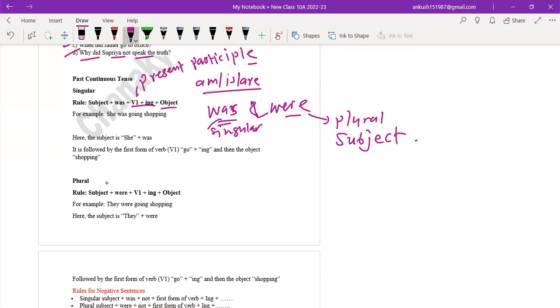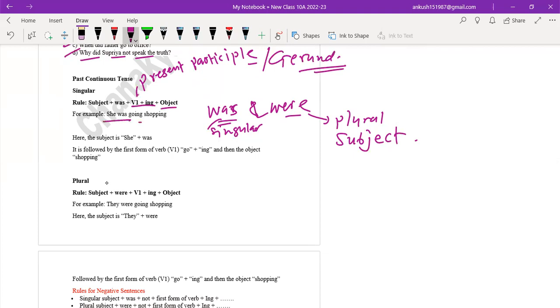See, whenever there is an ing form used in any sentence in English, it is the present participle form of that particular verb, or it is also known as gerund.